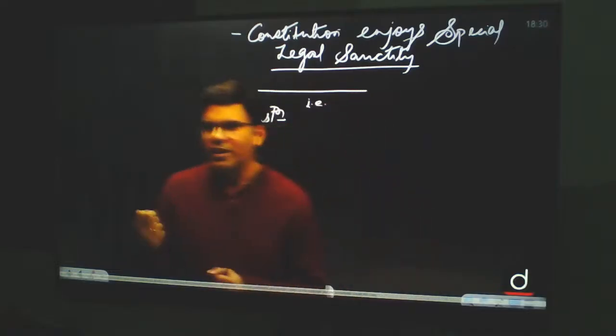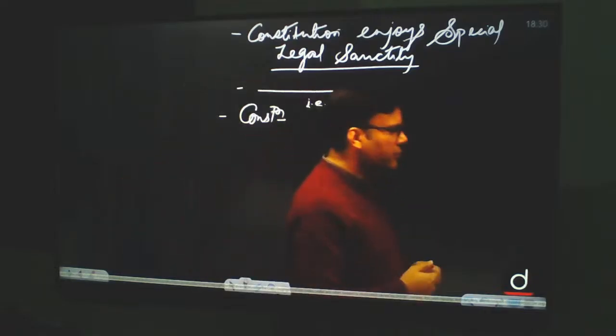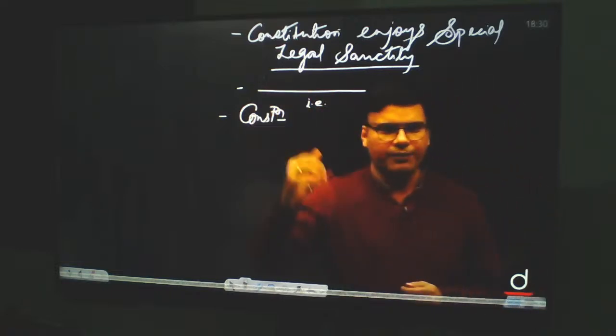So that's why I'm saying that when a nation is not a democracy, then how do you look at the relation of a person with the state? For example, it's a monarchy.